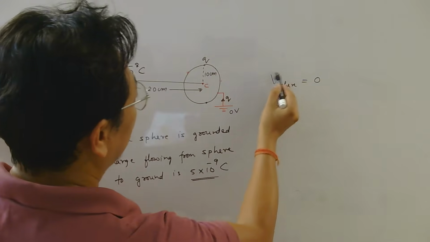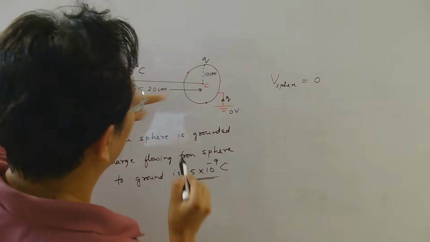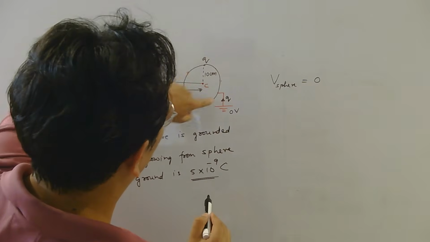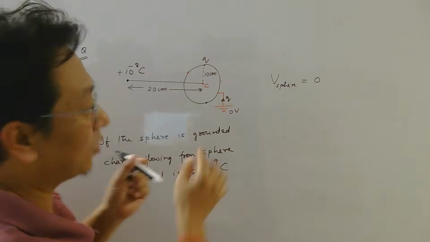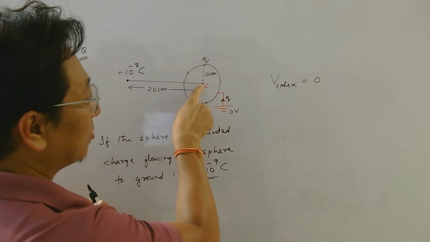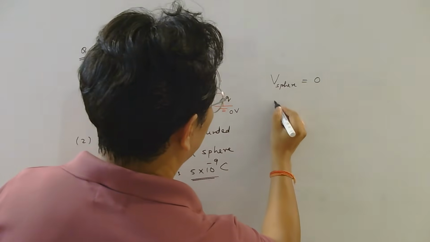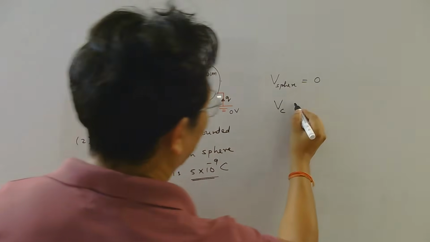Now what will be the potential of the sphere? We will not calculate on the surface because these charges are still outside, remember, not inside, and therefore the electric field inside is 0, and the potential everywhere is the same. So instead of choosing the surface, we will choose the center. So the potential of the sphere must be the same as the potential of the center, which is 0.